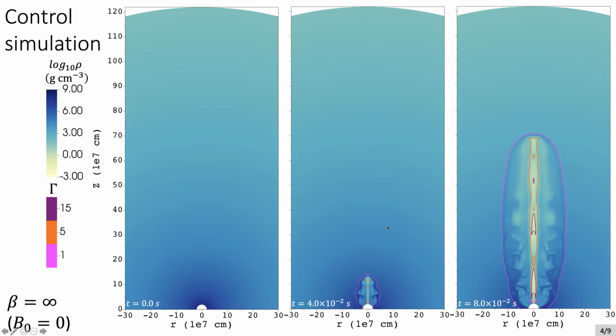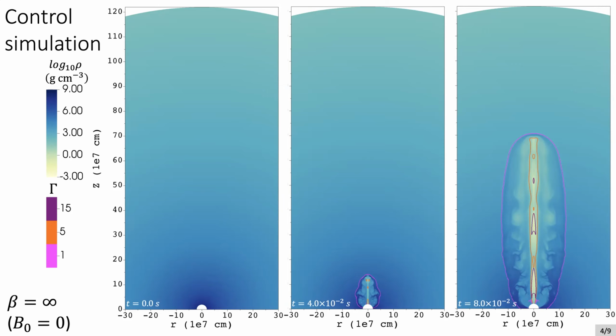Also, we can see when the jet is at t = 4 × 10⁻² seconds, and it's really small. And then I took this time, t = 8 × 10⁻² seconds, and you are going to see why in the next slide. So this is the final shape that I am taking to compare with the other simulations.